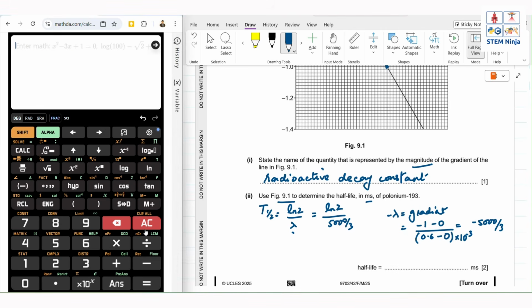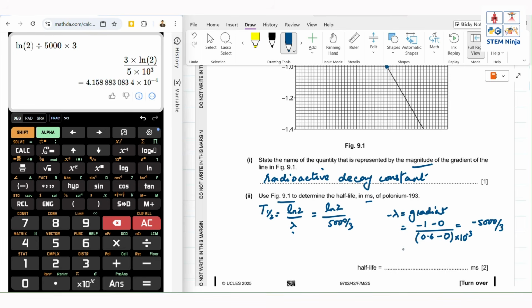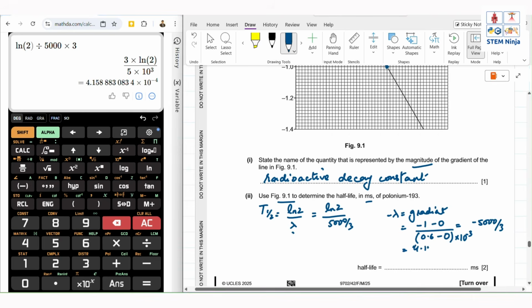So ln2 divided by 5000, times 3, we get 4.15 times 10 raised to the power minus 4 seconds.